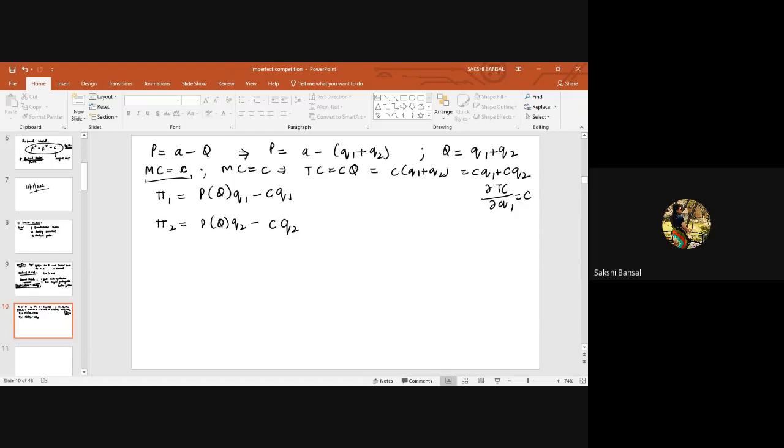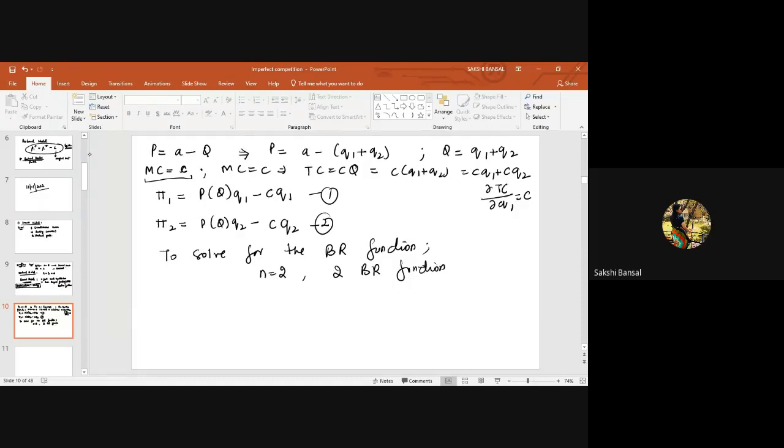Now, my motive is to solve for the best response function. As you can see on my screen, I have two equations and I have two firms. My n is equal to 2, so I need two best response functions.